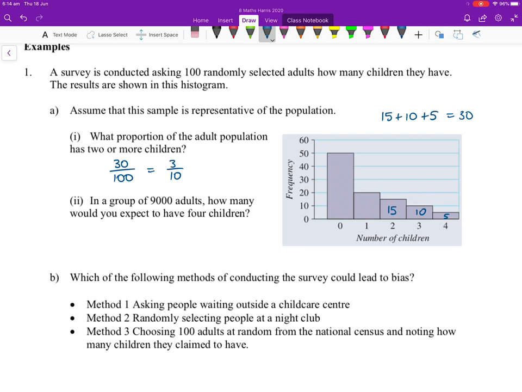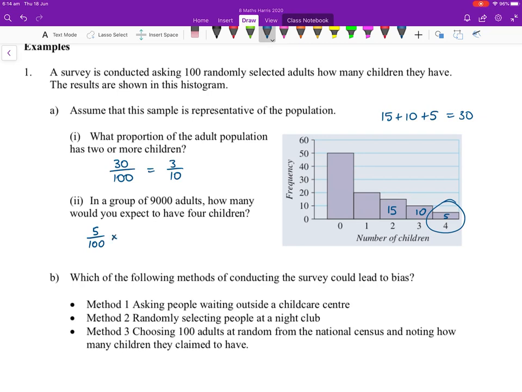If there was a group of 9,000 adults that we were interested in looking at, how many would you expect to have 4 children? Well, in our group of 100 people that we asked, we found 5 of them had 4 children. So we had 5 out of 100 people had 4 children.